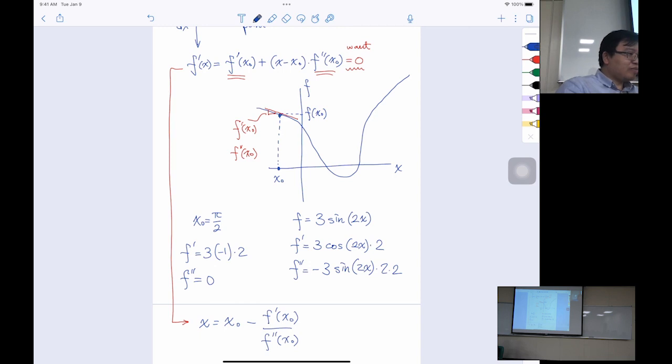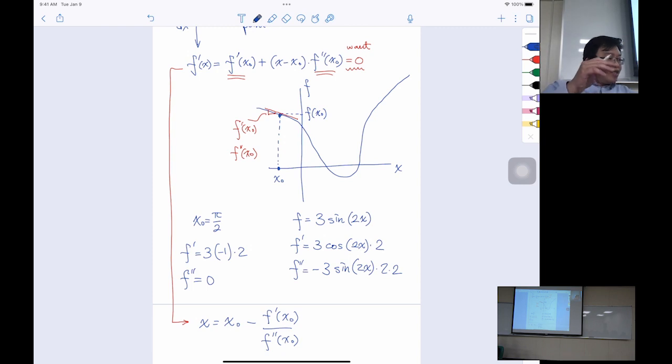If I rearrange this, I move f prime to the right hand side with a negative in front of it. Then I divide both sides by f double prime. Then I move x0 to the right hand side. Right, so at the end I get this. Okay?